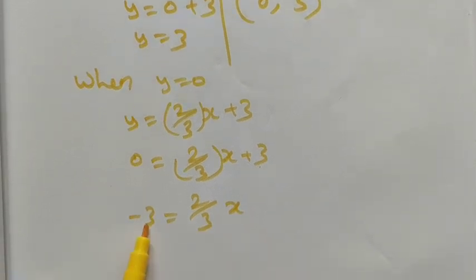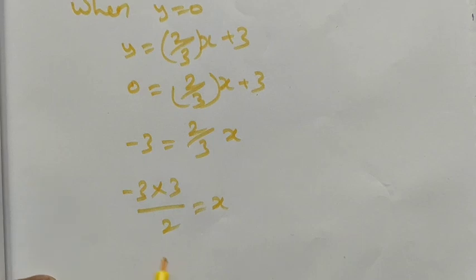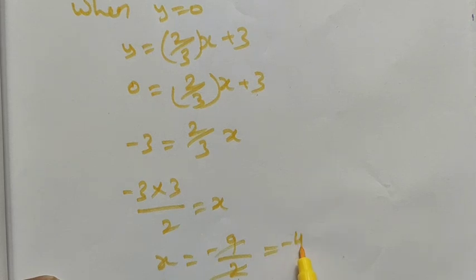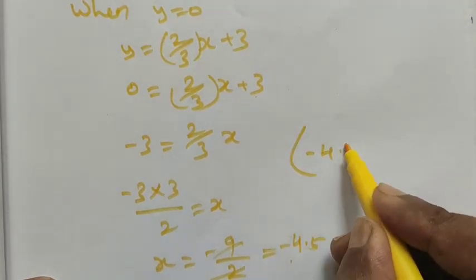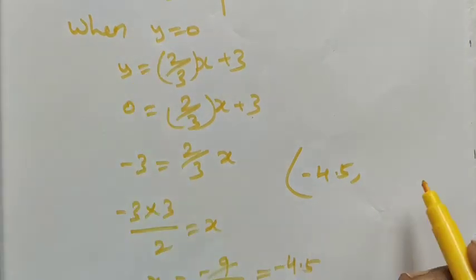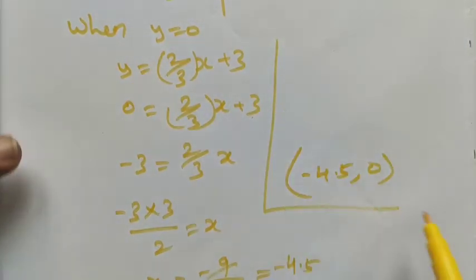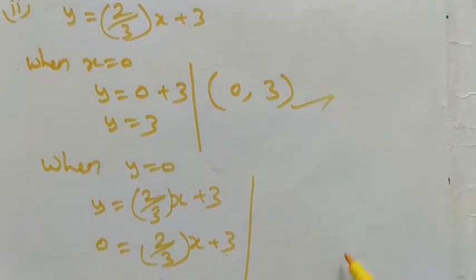I take this term to the other side, we get -3, the denominator turns to numerator and the numerator turns to denominator, equal to x, right? 3 times 3 is 9, so x = -9/2. If you reduce this, we get -4.5. So the x value is -4.5 and the y value is 0. This is the other ordered pair. So here we have two ordered pairs.